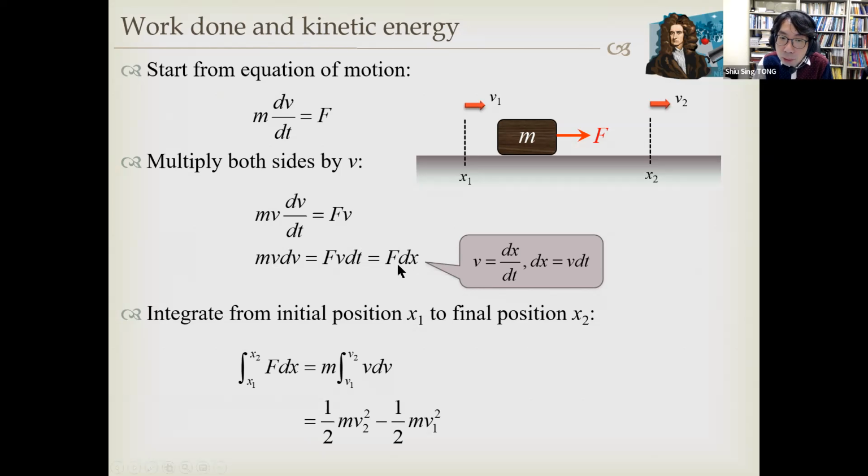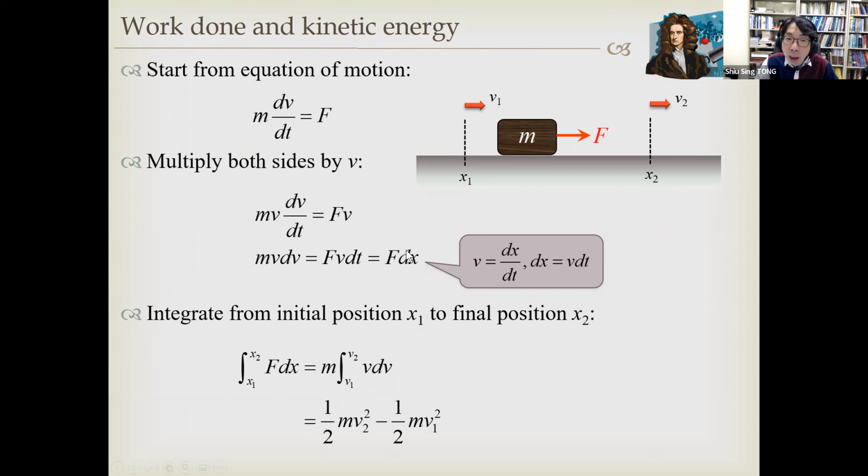Now, but what is this on the right-hand side? What is F dx? F dx is exactly the work done, right? The force multiplied by a small displacement is the work done by the force in that small displacement.